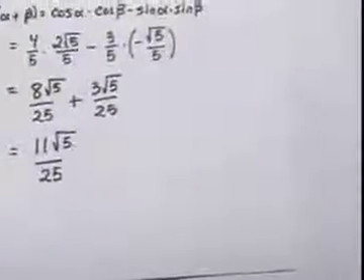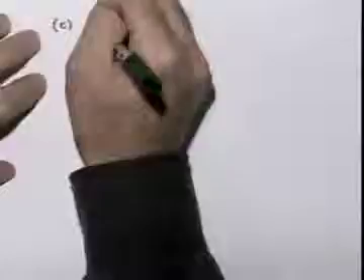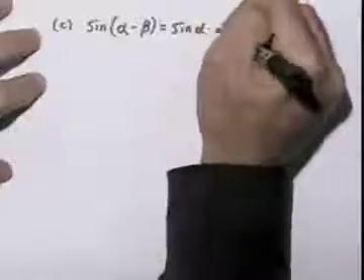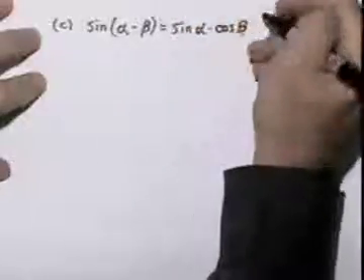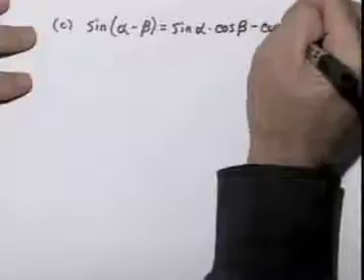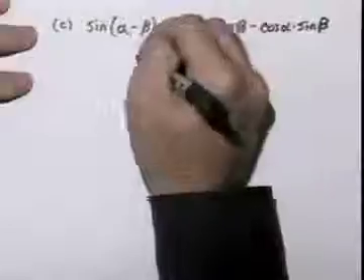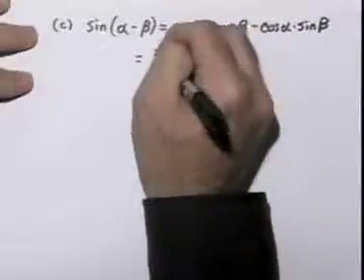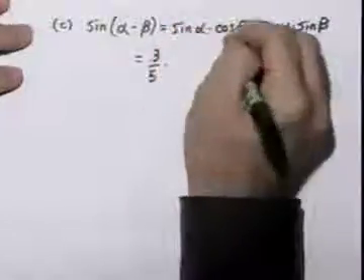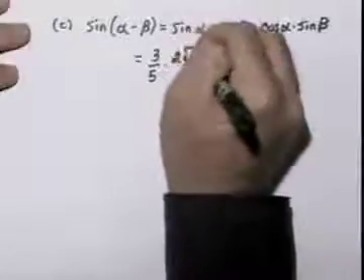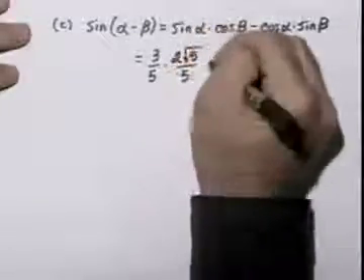Lastly, we want the sine of alpha minus beta. The sine of alpha minus beta is the sine of alpha times the cosine of beta minus the cosine of alpha times the sine of beta. Well, the sine of alpha is 3/5. The cosine of beta is 2 root 5 over 5.